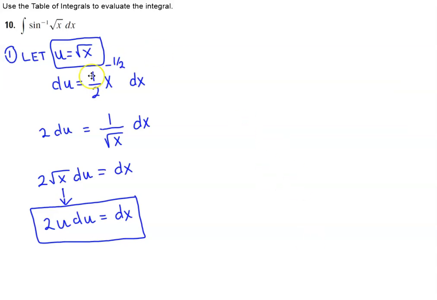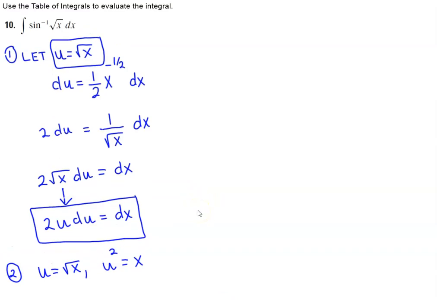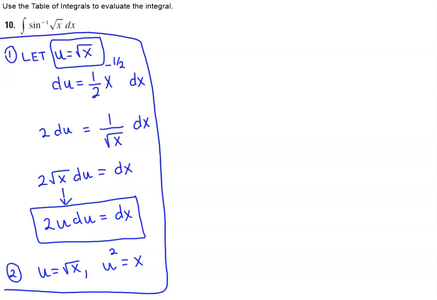Okay, and what else do we know? Well, we know that if u is equal to the square root of x, if we square both sides, then u squared is going to equal x. So now let's go ahead and take a look at our integral. So we have the sine inverse of the square root of x dx.